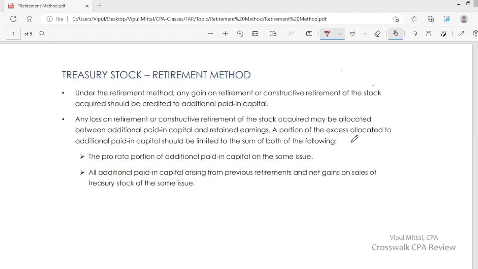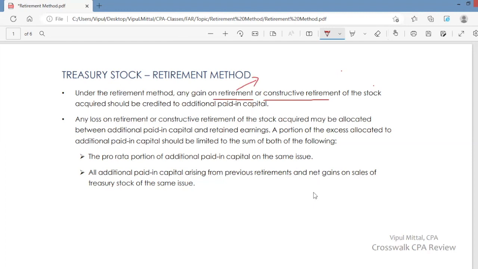So an entity purchases shares of its own common stock. And how do you account for that using the retirement method? Under the retirement method, any gain on retirement or constructive retirement of stock acquired should be credited to additional paid-in capital. So you are following the retirement method.